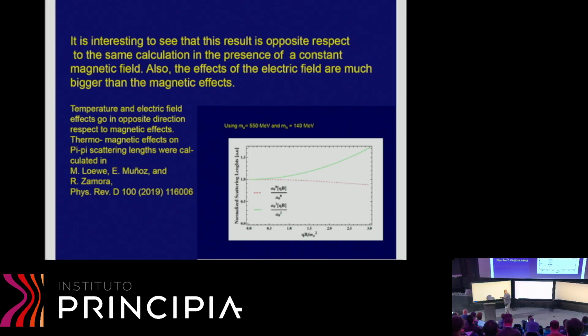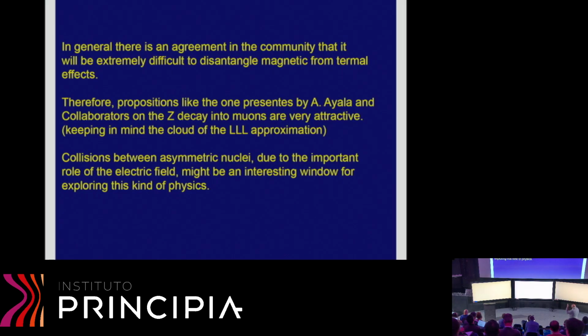So it will be very difficult to disentangle effects of magnetic fields and temperature, I think, in many experiments, yes? So handling electric fields now opens an interesting window. In general, as I said, there is an agreement that it will be extremely difficult to disentangle magnetic from thermal effects.